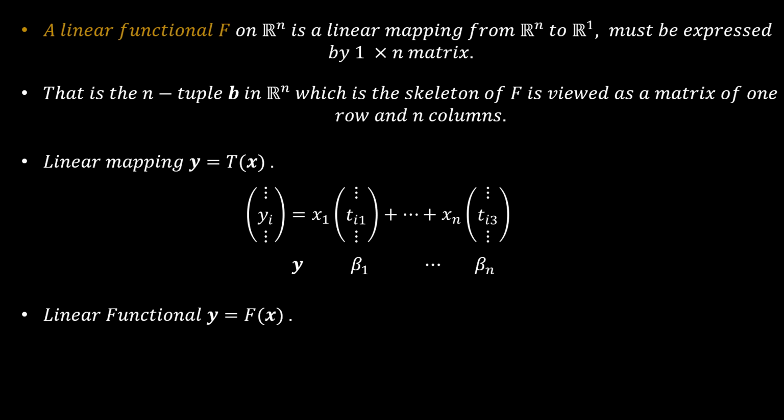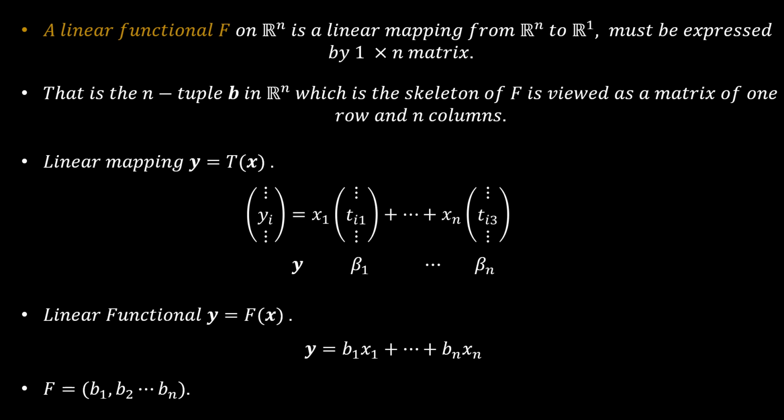now, as opposed to T, which is an n to m transformation, consists of a y, which is a one element item transformed from x, which is still an n element item, and f here, instead of T, f here has to be a 1 by n matrix. In other words, how we would express it, y is equal to b1 times x1 plus b2 times x2 all the way up to bn times xn. And this all adds up into one real number, right?